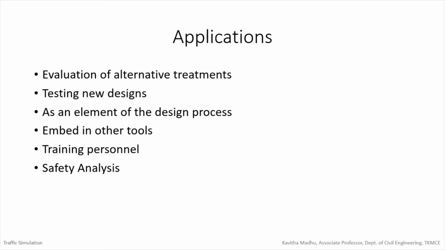Certain situations we cannot replicate in real traffic because it is very risky. Those conditions we can emulate by traffic simulation. So it can also be used for traffic safety analysis. So these are the various applications of traffic simulation.